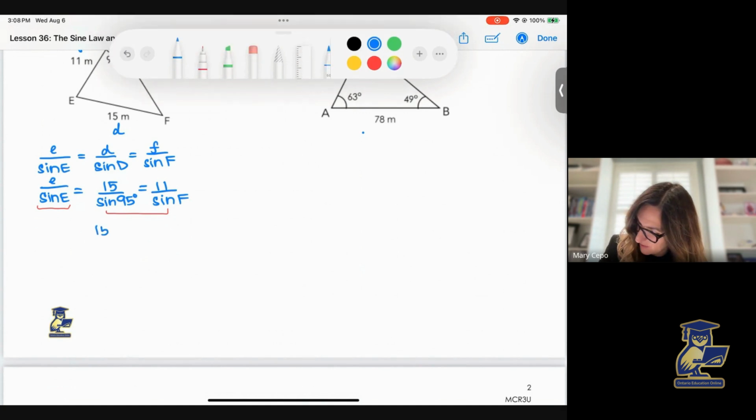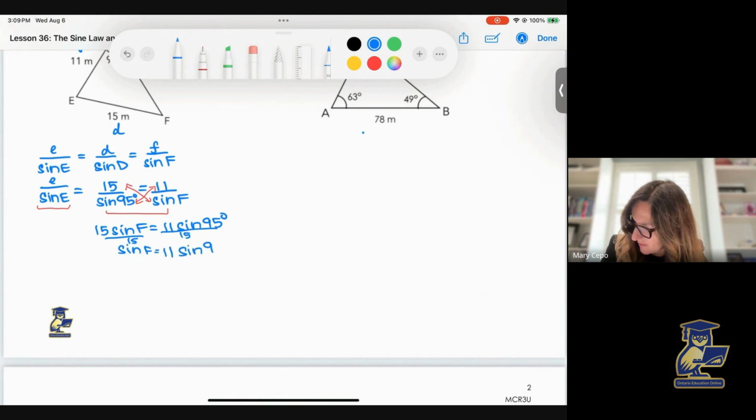So this becomes 15 sine of angle F is equal to 11 times sine of 95 degrees. You would just cross multiply and isolate for sine of F, because if we divide this side by 15 and that side by 15, we're left with 11 sine 95 degrees all over 15.